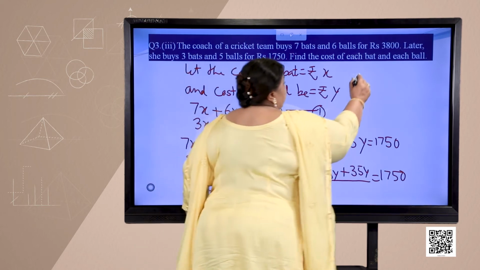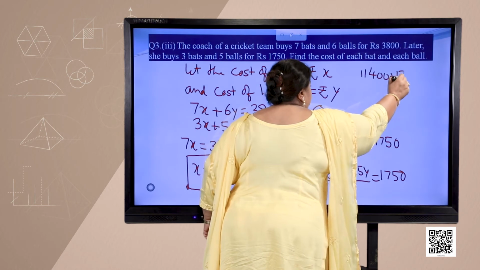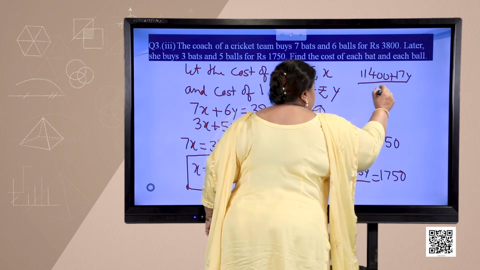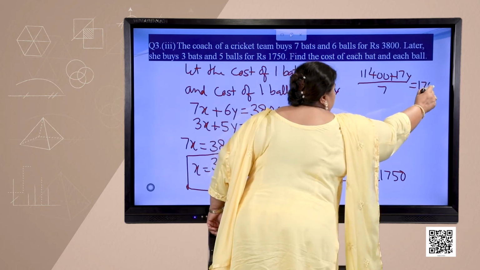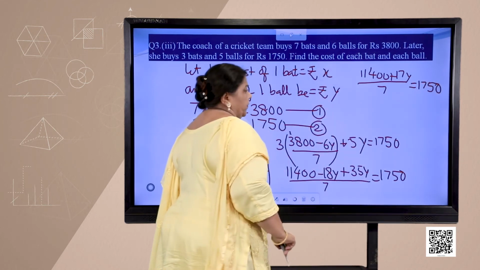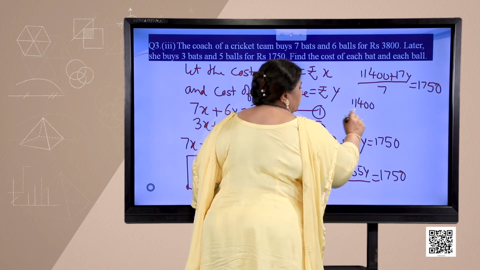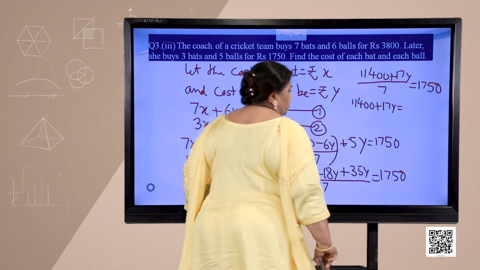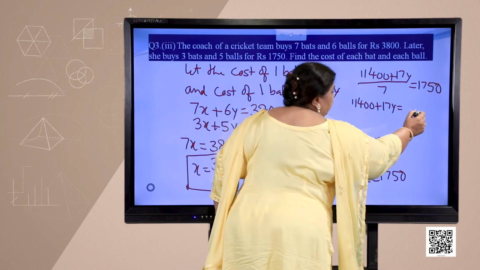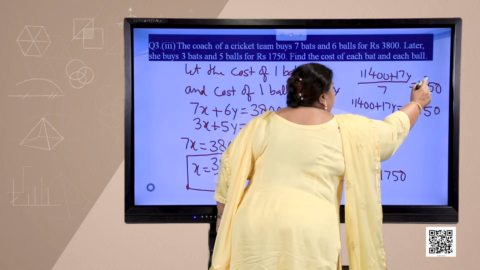So, I get 11,400 plus 17y upon 7 is equal to 1,750. Now, if I cross multiply, I get 11,400 plus 17y is equal to, I will multiply 7 with 1,750, I get 7 5s are 35.